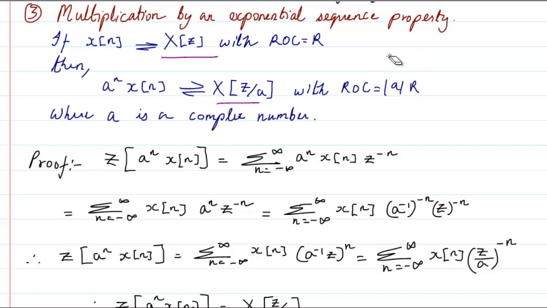Suppose you have an ROC which says magnitude of z should be greater than some value b; then instead you will write magnitude of z by a should be greater than b, or magnitude of z should be greater than magnitude of a into b. That is why they have written that the ROC is multiplied by a. Okay, so let us prove this.